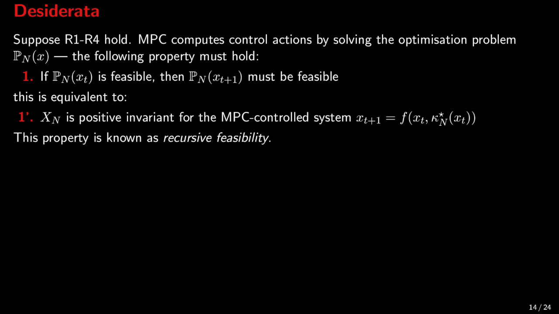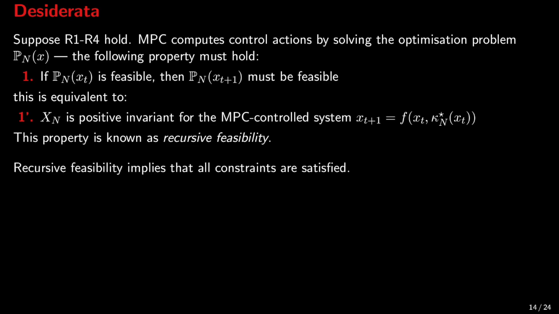Recursive feasibility implies that all constraints are satisfied. So x belongs to X, u belongs to U, and most importantly, we can find at every time instant, starting from the current state, a sequence of control actions, and that sequence satisfies all of the constraints of the problem.